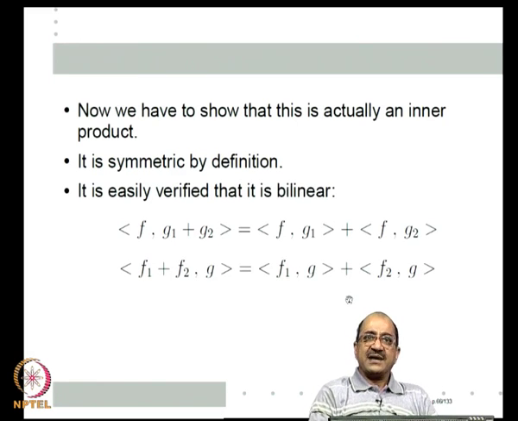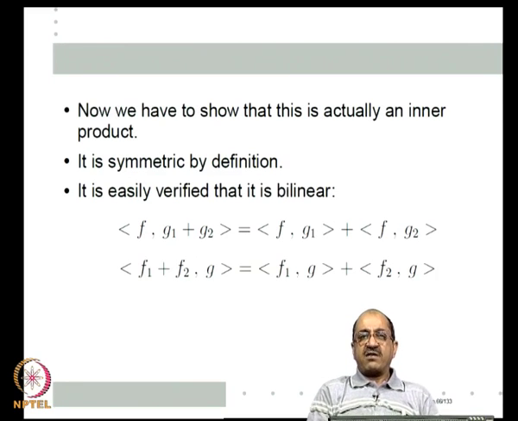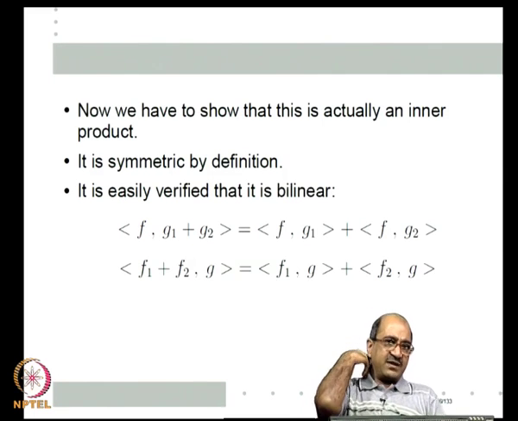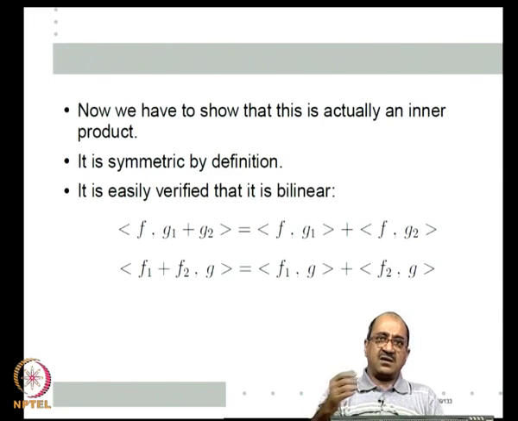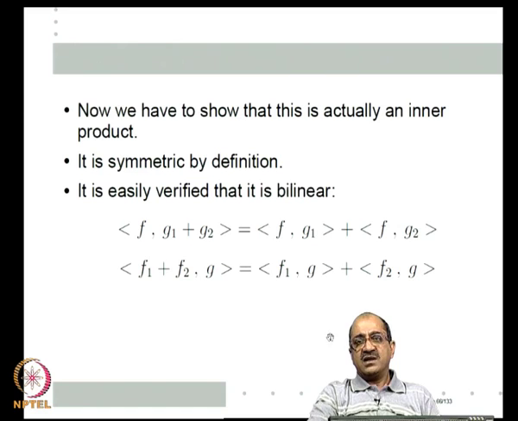Similarly, it has to be bilinear. The inner product of f, g1 plus g2 should be inner product of f comma g1 plus f comma g2. Similarly, the other way, which is also very straightforward because of the definition of the inner product, is very easy to verify.